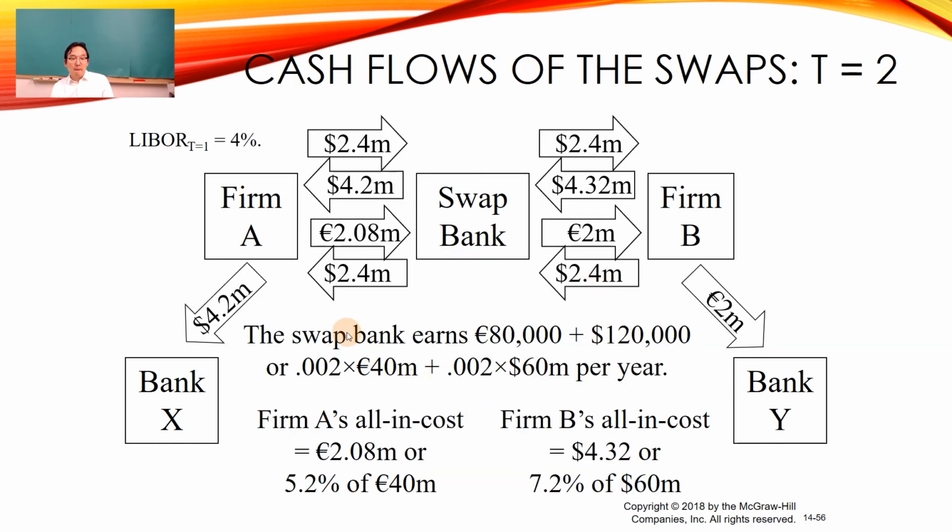And what matters is the fixed part, and that just stays there: 2.08 million again for company A, and $4.32 million for company B. If you do the numbers, these cancel each other out, and that cancels out. What is left is the 2.08 fixed payment, and the equivalent thing happens for company B as well.